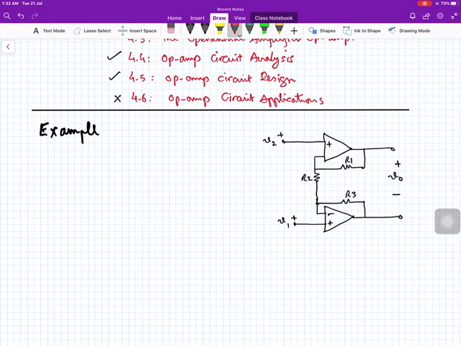Here we see V1. This plus sign means we have a voltage source V1, and the other side is connected to ground. The plus sign means the positive side of V1 is connected to this node. Similarly, this V2 means we have a voltage source.